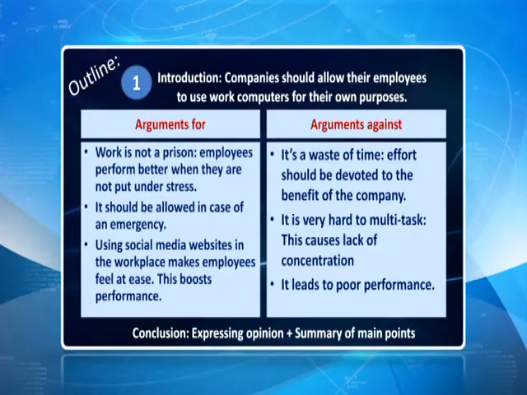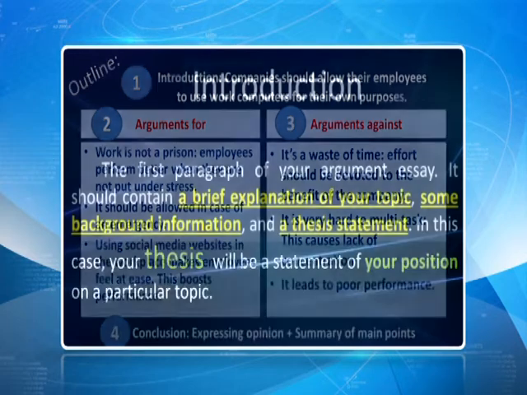You are going to support this position, right? Then you have the arguments for and the arguments against. We got these from the brainstorming session, and at the end we will finish the conclusion by expressing our opinion, and we will sum up the main points.